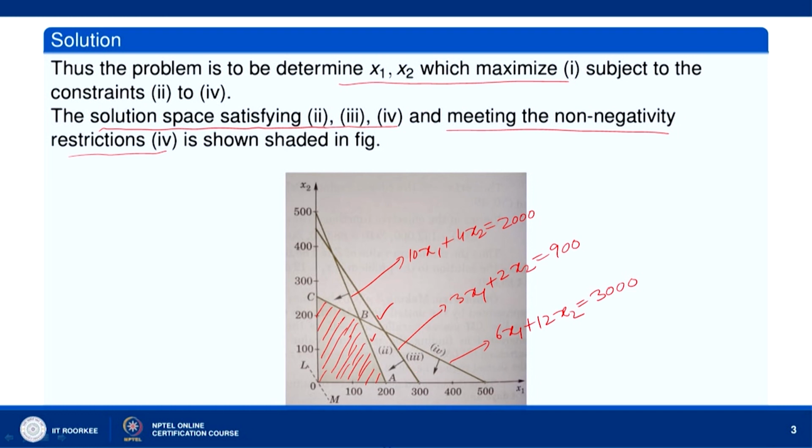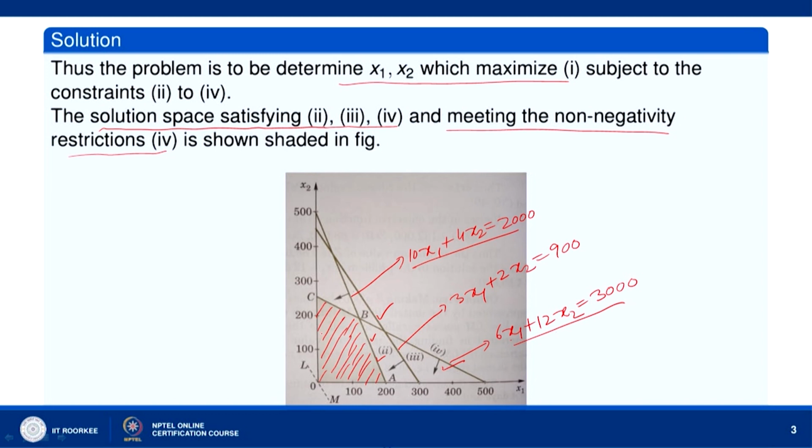This region is obtained as a result of the line 6 x 1 plus 12 x 2 equal to 3000 and the line 10 x 1 plus 4 x 2 equal to 2000.